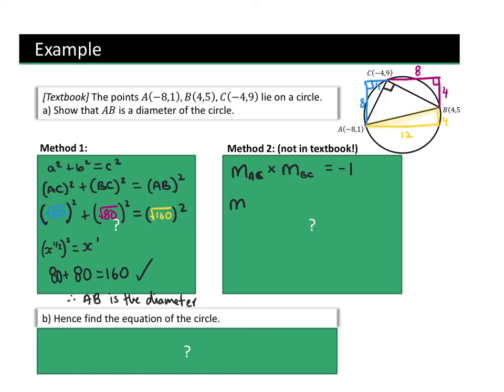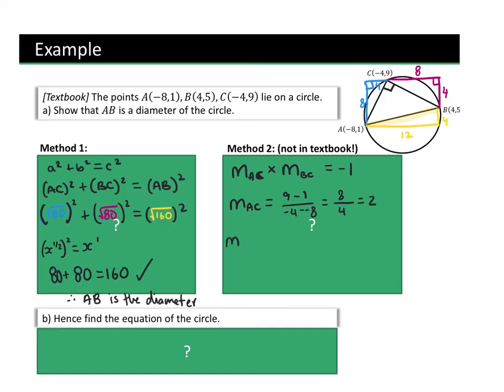So what is the gradient of, sorry, not AB, AC. What is the gradient of AC? So we're going to do y2, where are we? 9 minus 1 over -4 minus -8 equals 8 over 4, which equals 2. Okay?